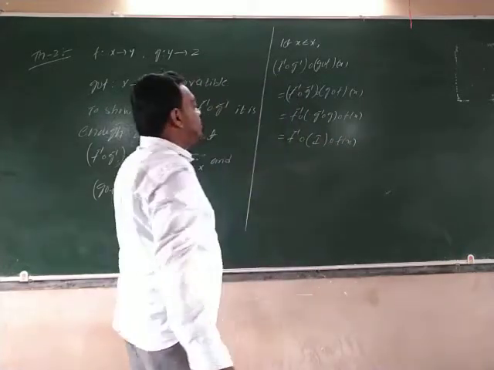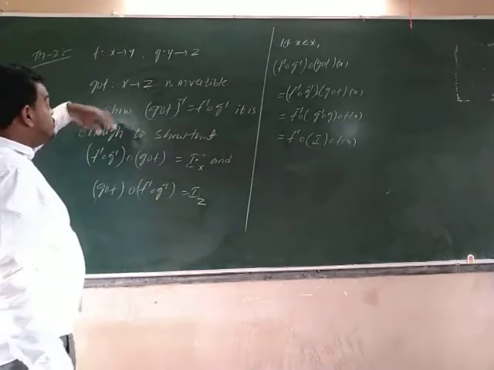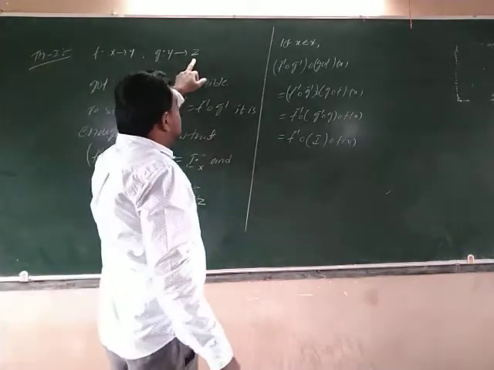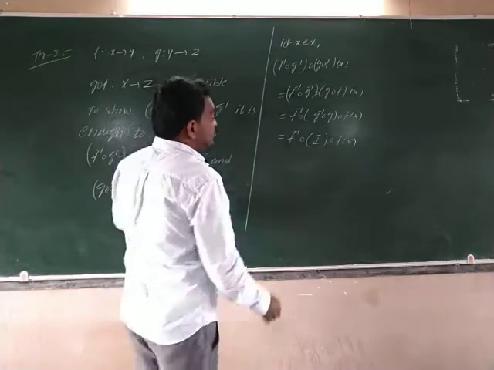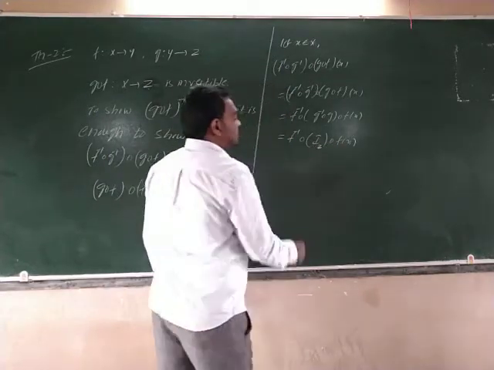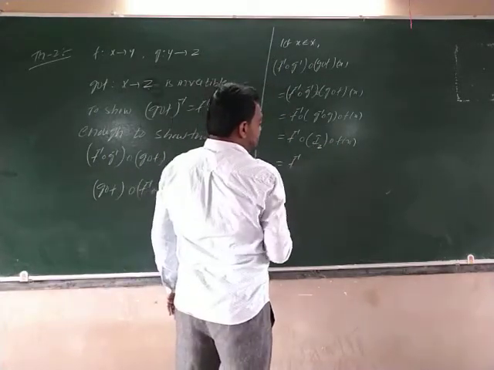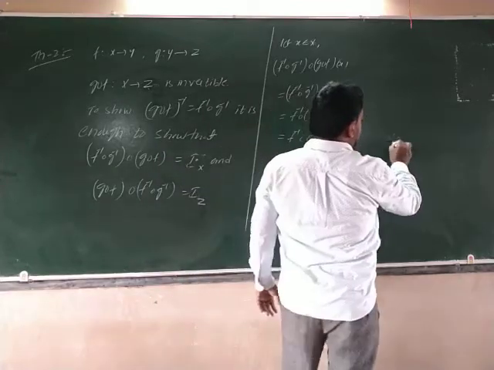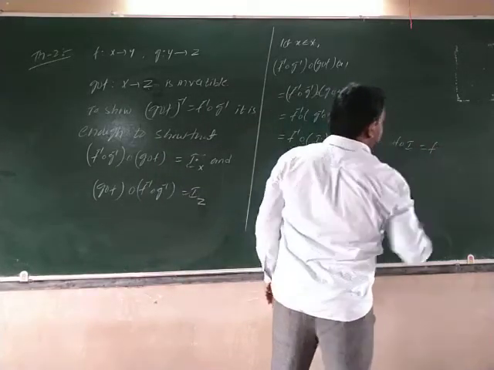Here I, where to where? G inverse circle G is Y to Y, so it is I_Y here. So this is equal to F inverse; here F circle I is equal to F only.